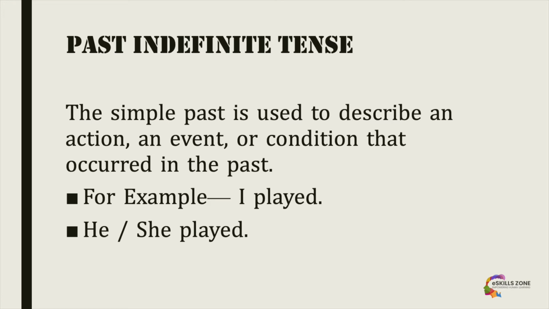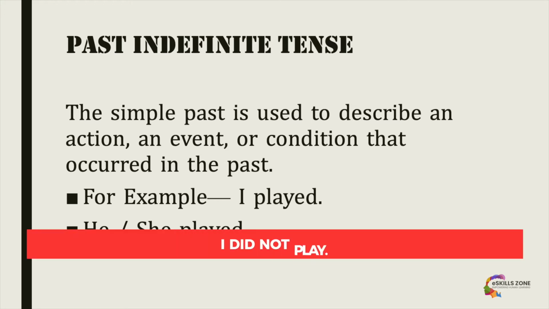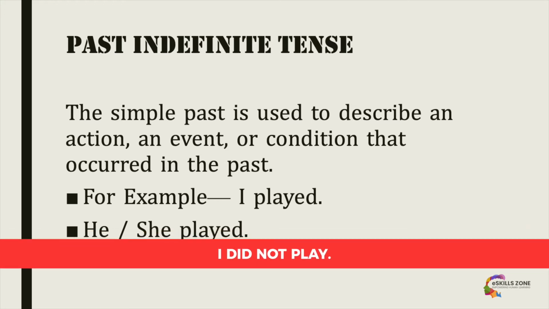I did, here as helping verb, not play. So we placed not in between the helping verb and verb. Since we are using past indefinite tense, for the negative sentence we will use the first form of the verb, not the second one. So the correct sentence will be I did not play.